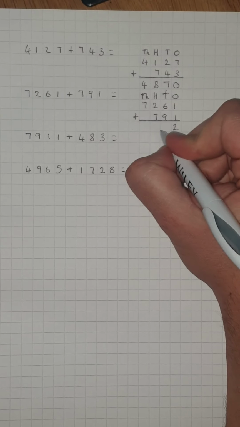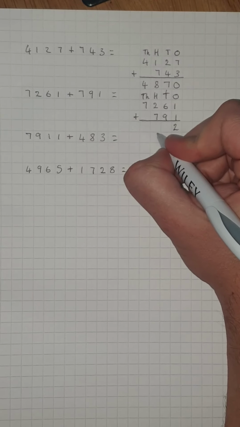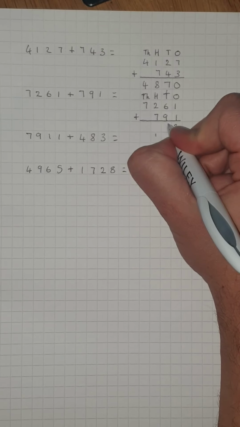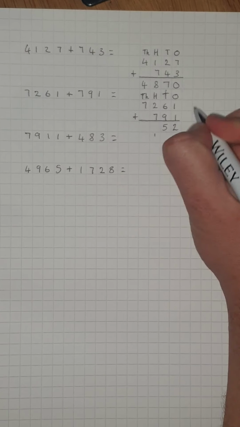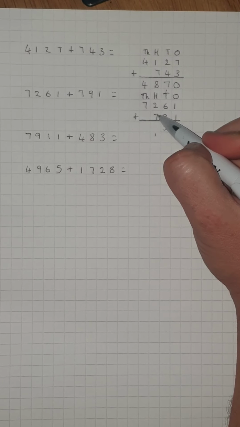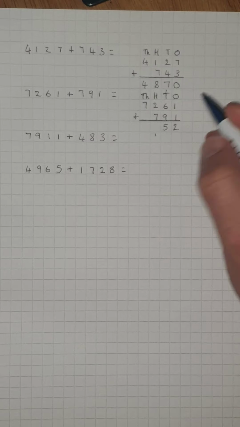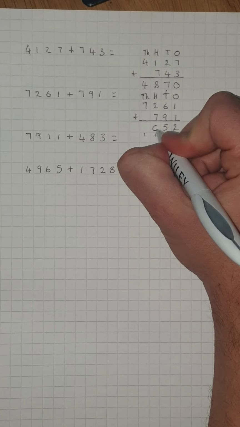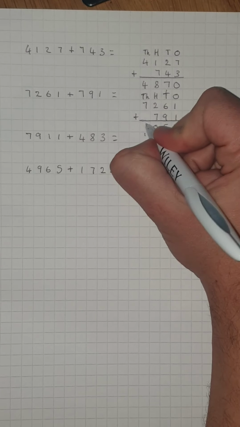So we can exchange the 15 to 1 10 and 1 100 and 5 tens. And then 2 add 7 is 9. Add the 1. Again, we're exchanging. And then 7 and 1 is 8.